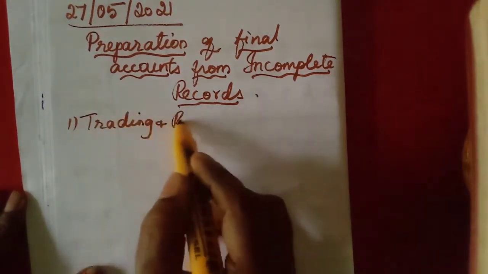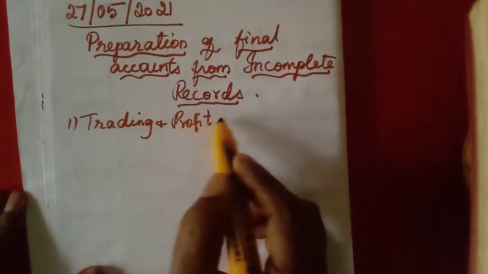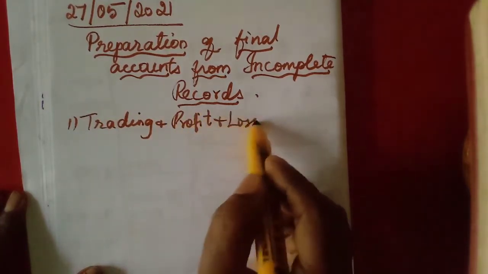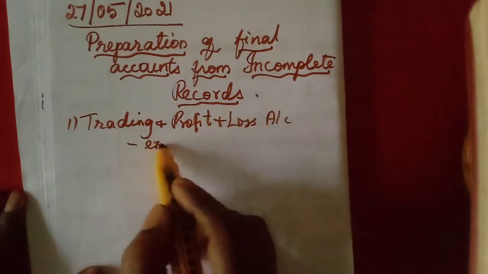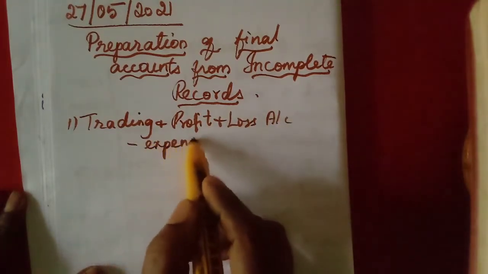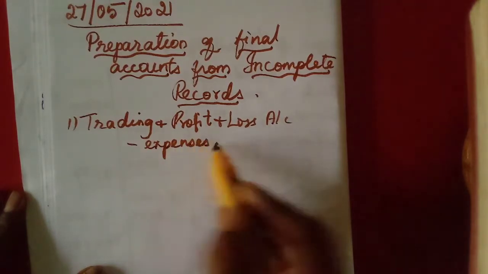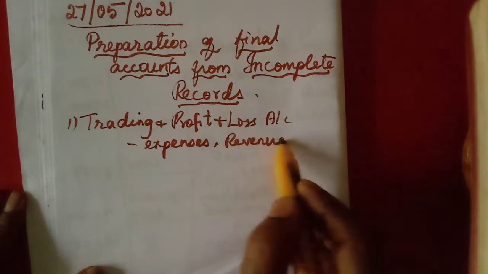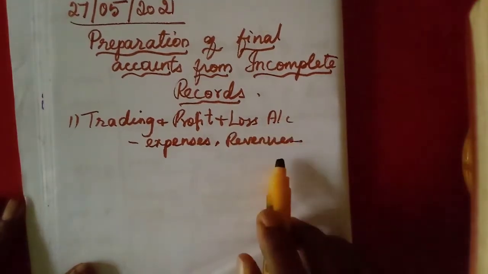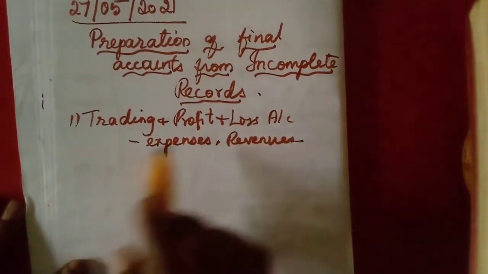For this account what we need? We need expenses and revenues, income. Expense and income we need.